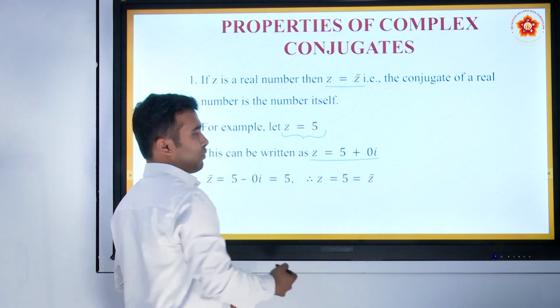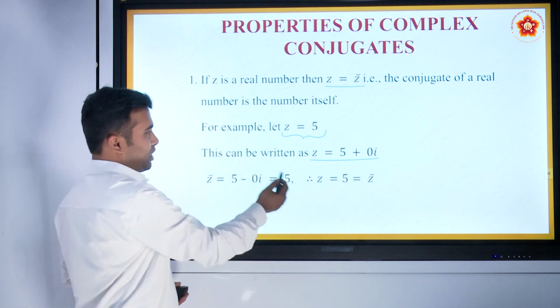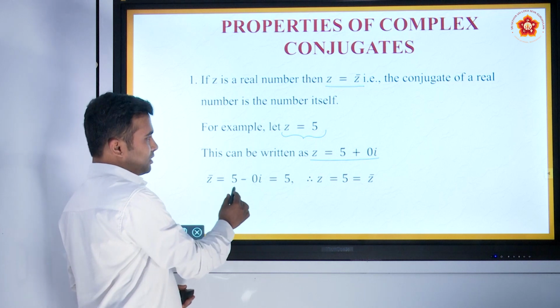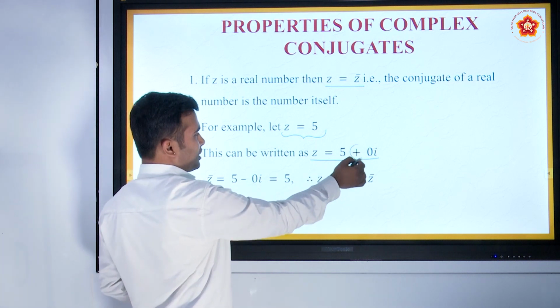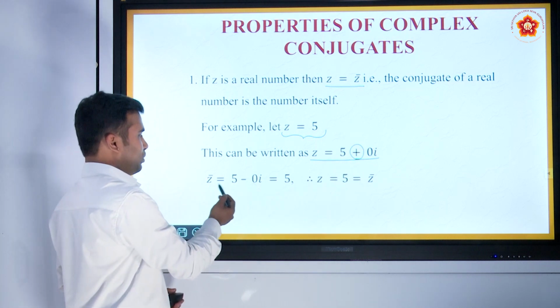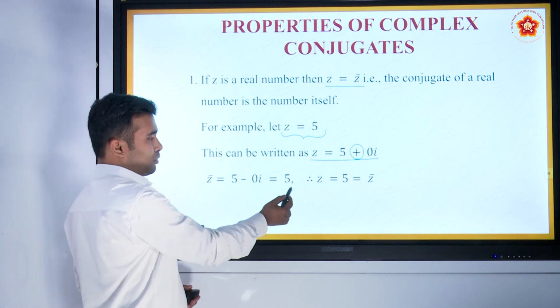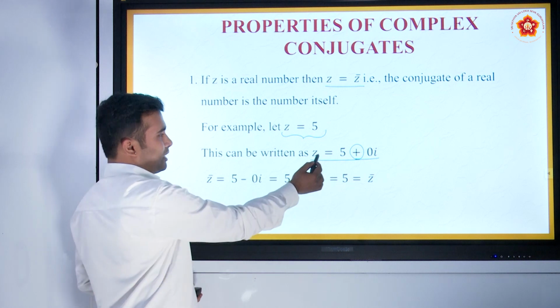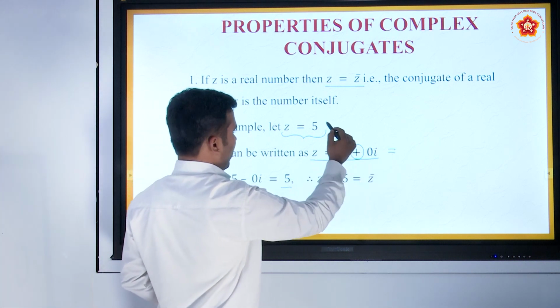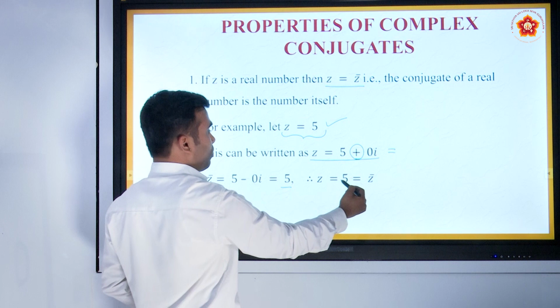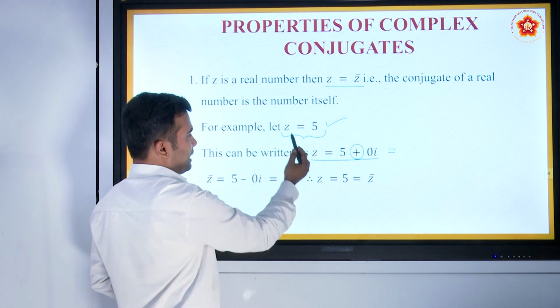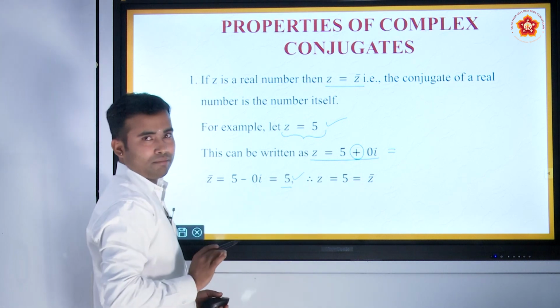This is purely real, right? Then its conjugate is z bar, the sign of the imaginary part is plus and to write its conjugate we change it to minus. So 5 minus 0i is equal to 5. Here z is equal to 5 and z bar is equal to 5. Therefore we can say z is equal to z bar.